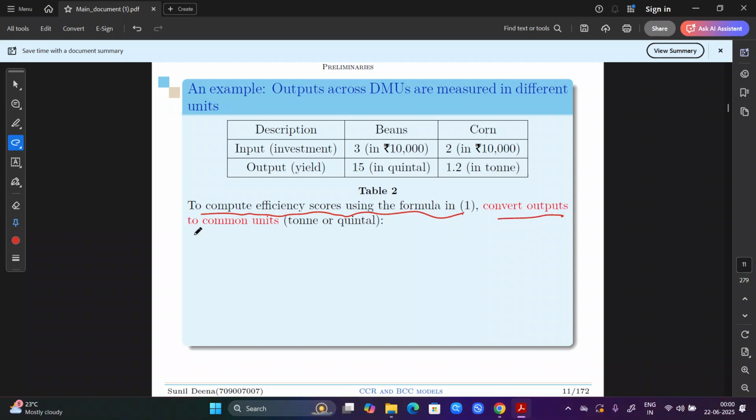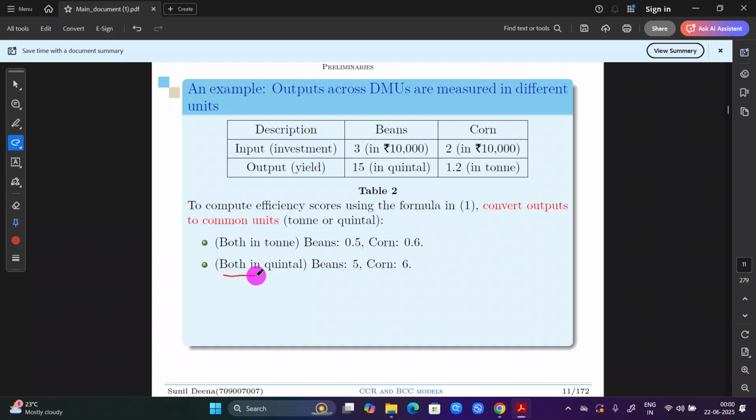Convert output to a common unit, ton or quintal, because in output the unit is not the same: 15 in quintal, 1.2 in ton. So we can use the formula 1 for efficiency calculation, but we have to convert either both in ton or both in quintal. If both in ton, the value for beans is 0.5 and corn is 0.6.